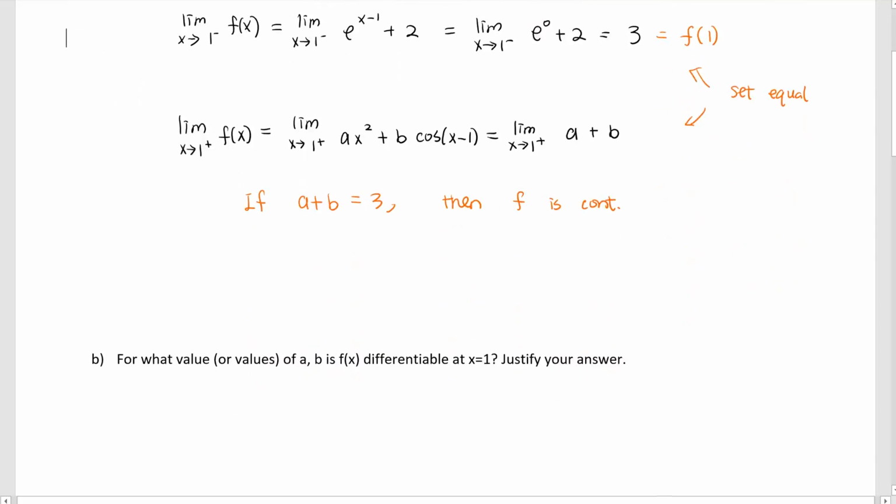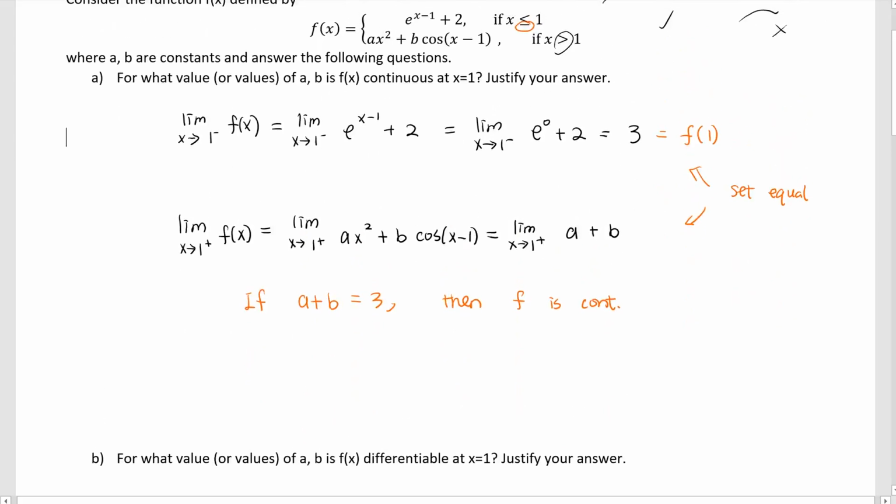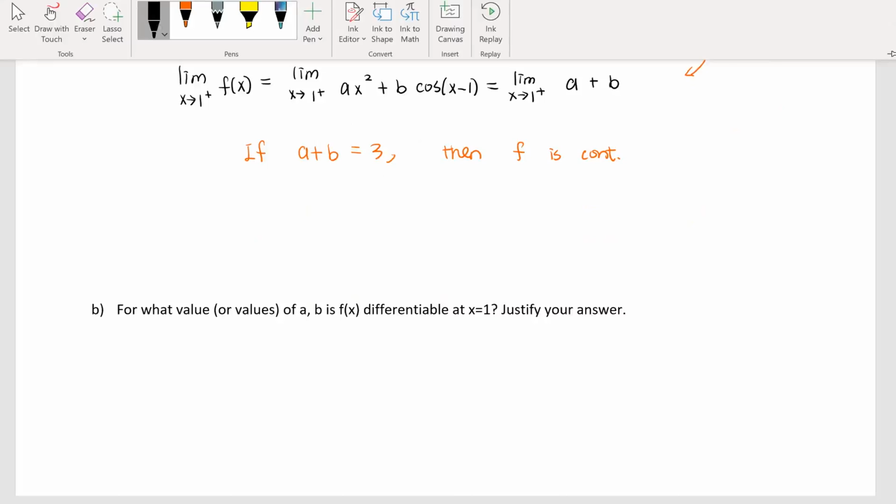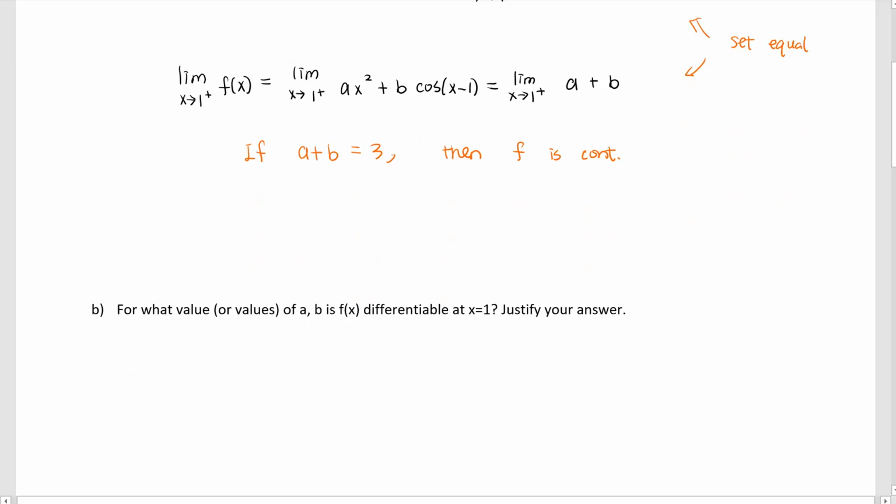How about part B? Well, part B, we want to find the values of a and b such that the function is differentiable. So instead of looking at the left side limits or right side limits of f, we want to look at the left side derivative and right side derivative of f. Left side derivative and the right side derivative.